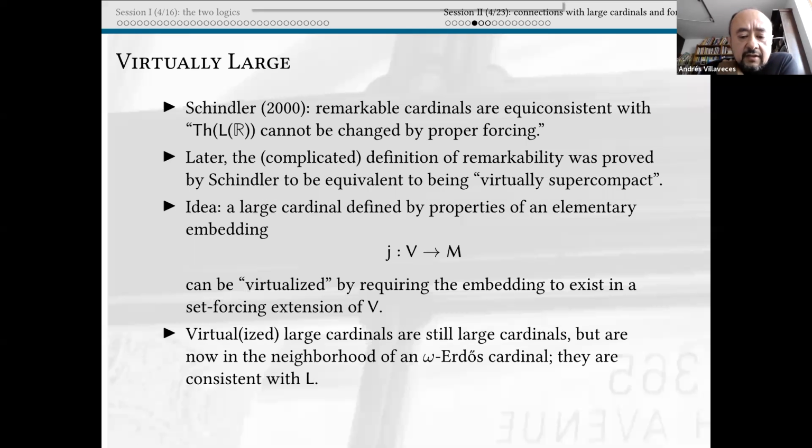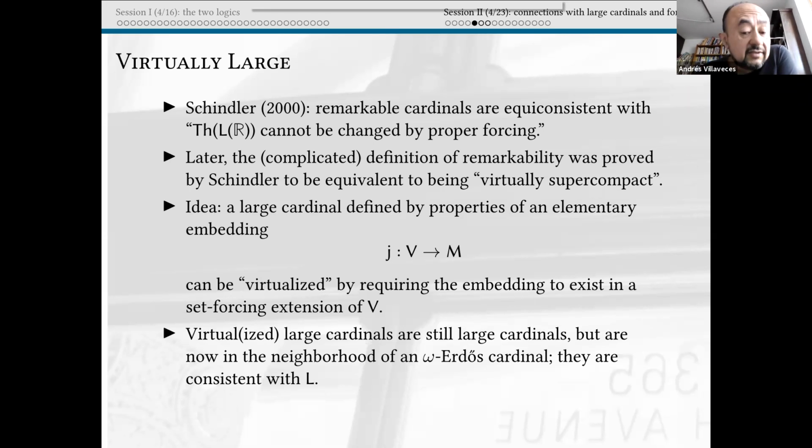And the important thing is that virtualized large cardinals are still large cardinals in the sense that they are outside of ZFC, but they're much smaller. It's much easier to be a virtual version of a large cardinal because the embedding doesn't have to live in the universe, but may just live in some set forcing extension.